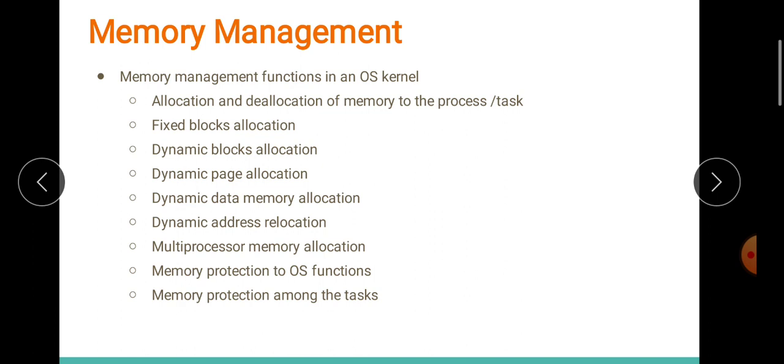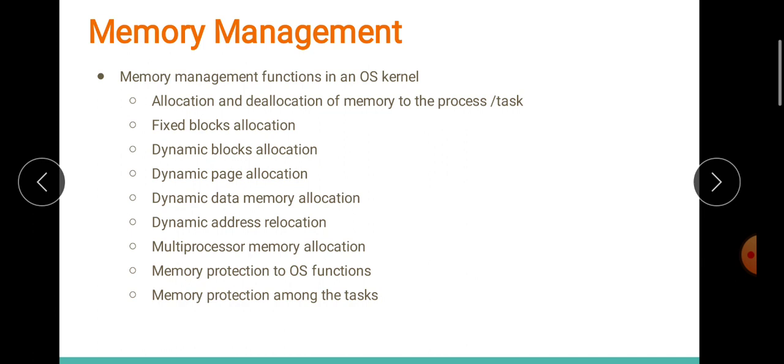So if we have two or more processors which are coupled, either tightly coupled or loosely coupled, the memory manager will think about memory allocation schemes to share the memory between these coupled multiple processors.